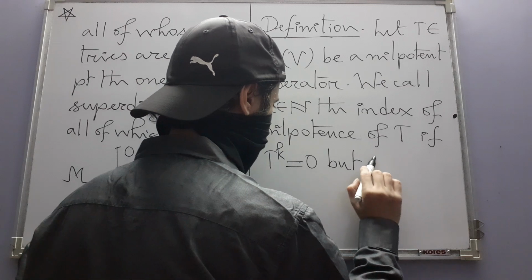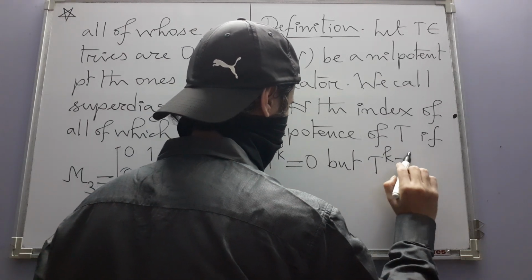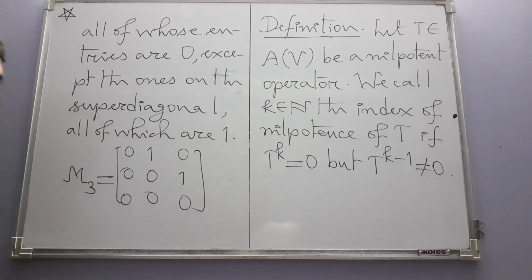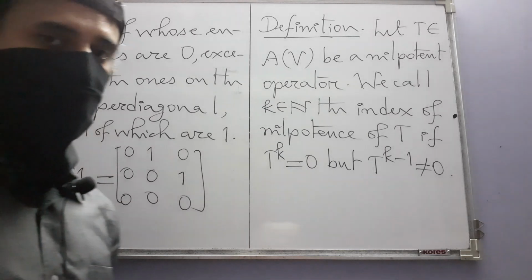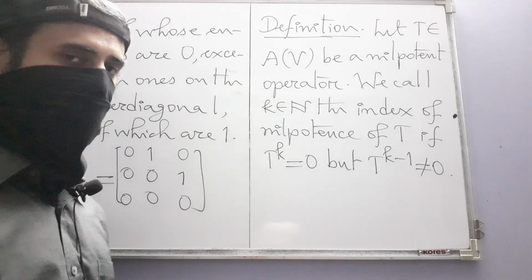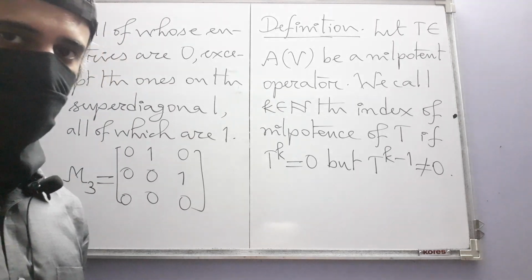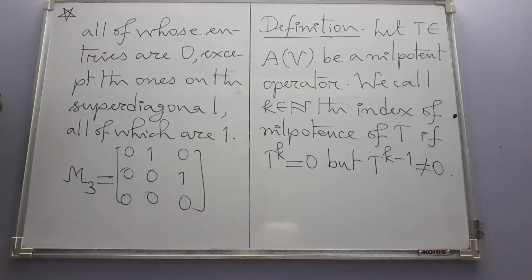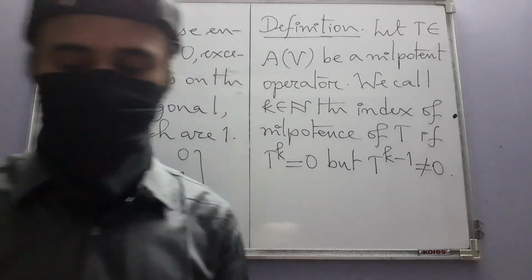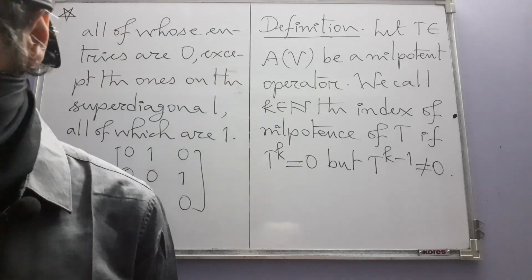So the degree of nilpotence is the smallest positive index for which the corresponding power of T is the 0 operator. And now let me finally state the key theorem of this section and then we will stop.